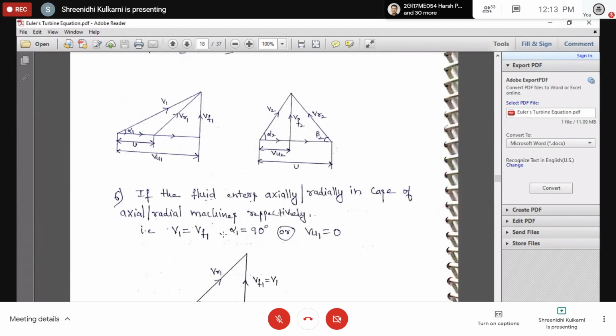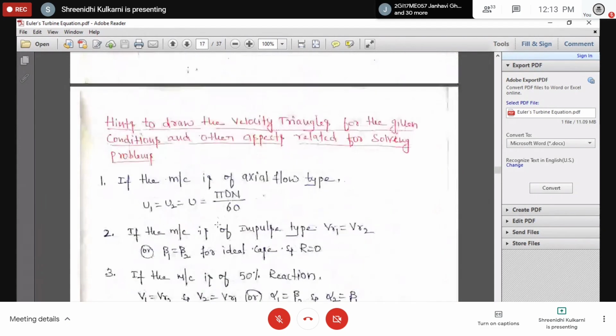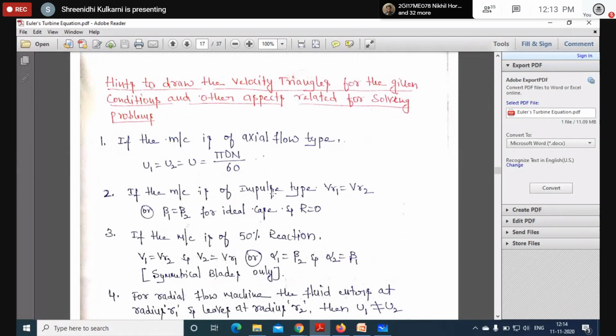Yes, sir. Okay, first I'll come to hints to draw the velocity triangle for the given condition and other aspects related to solving problems. So the equation, whatever is given, U1 and U2, we can call it the blade speed velocity with respect to inlet as well as outlet. One indicates inlet, two indicates outlet.